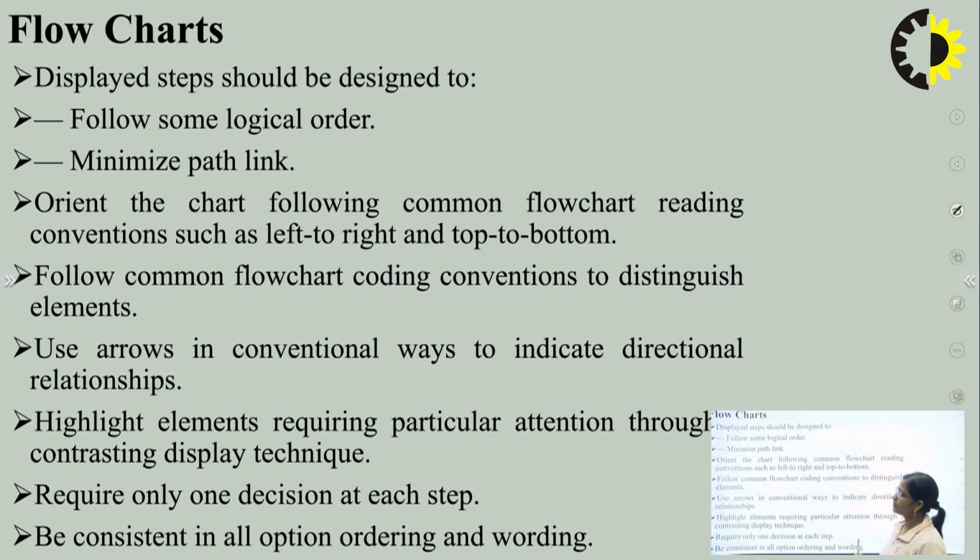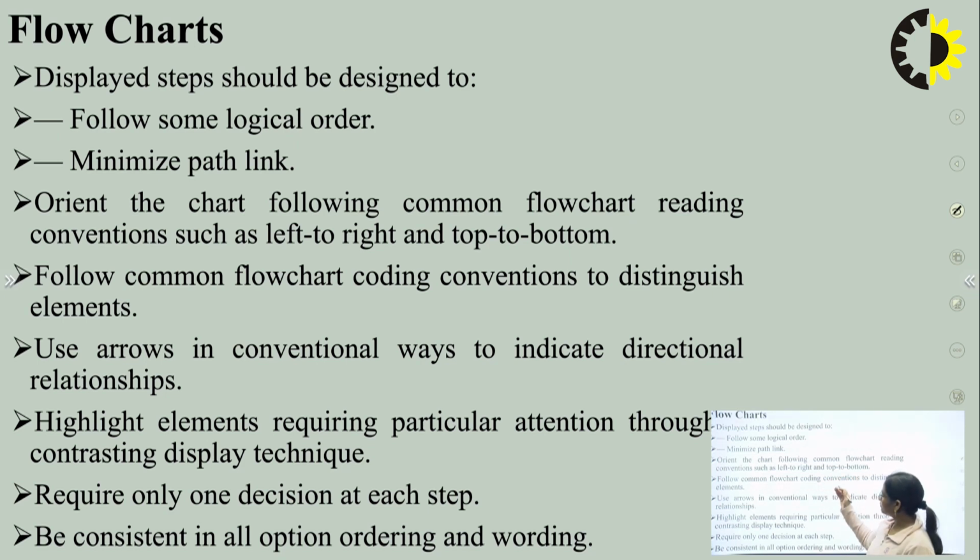Then flowchart. A flowchart is basically used to show the flow of any data. So the displayed steps should be designed to follow some logical order. Minimize path length. Orient the chart following common flowchart reading conventions such as left to right or top to bottom.